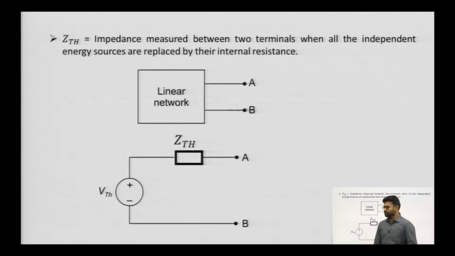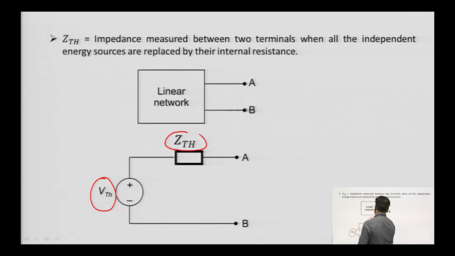So, what is Thevenin's theorem? If we have a linear network and need to find its Thevenin equivalent, the whole circuit can be replaced by a single equivalent voltage source, known as VTH, with a ZTH, which is known as Thevenin impedance.